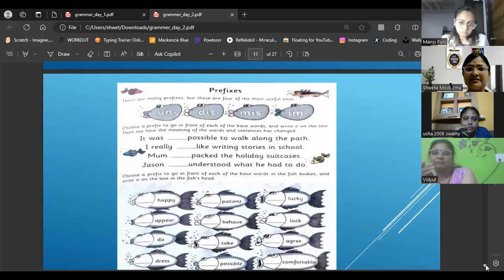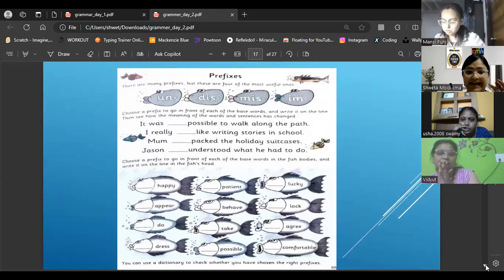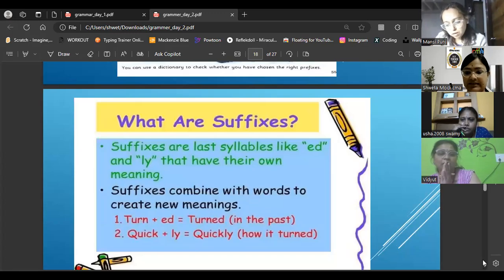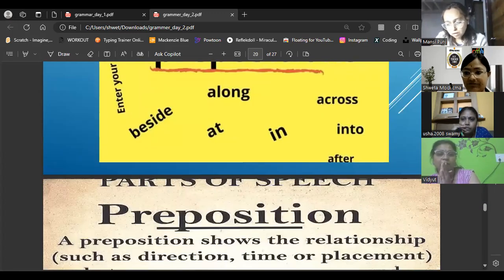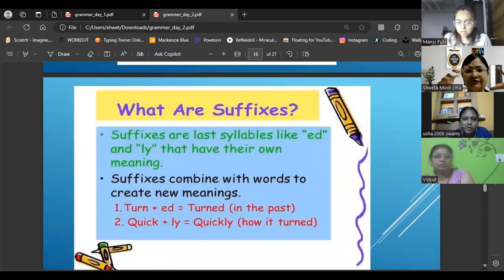Now, prefix is any word which comes before the root word. Root word is a meaningful word, like happy. Before that, unhappy, so un is the prefix, and suffix comes after the root. So we can have a fish cut into 3 parts. The center part will be your root word, the mouth will be your prefix, and the tail would be the suffix.